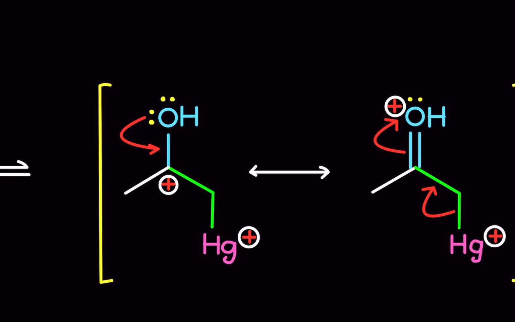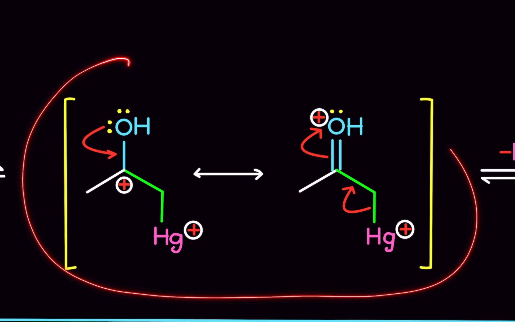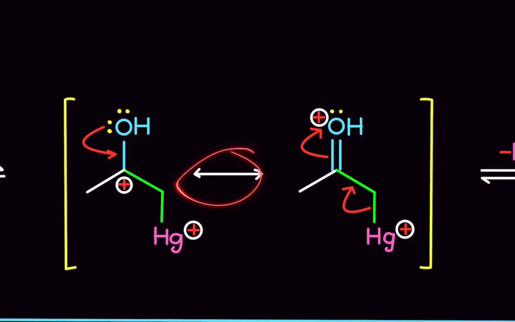We have a carbocation. We need some way to stabilize it. So the free electrons from oxygen, the one pair, are going to go to this bond and create a double bond, like so. There's an equilibrium here, a transition state.